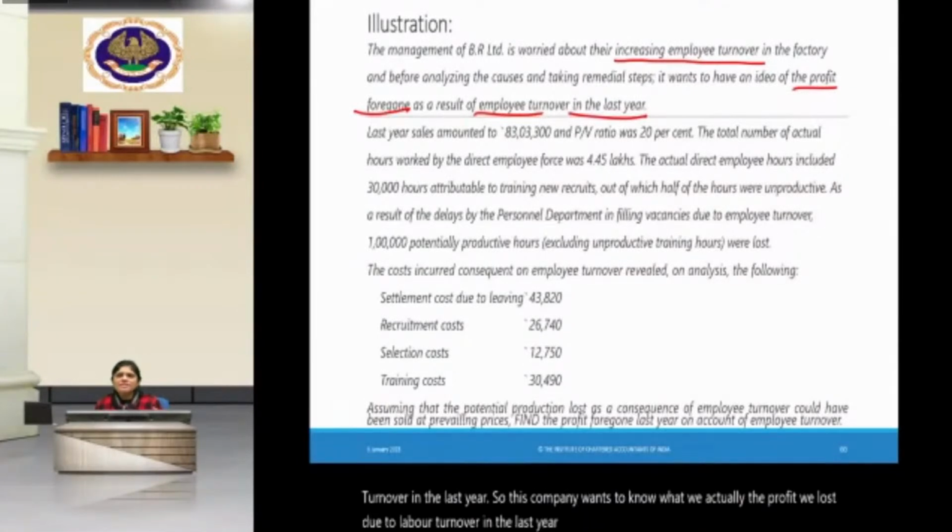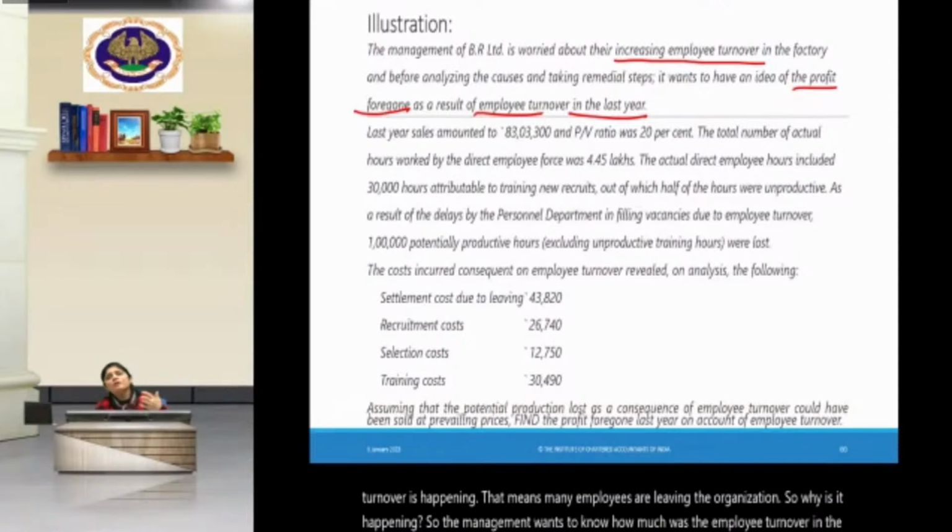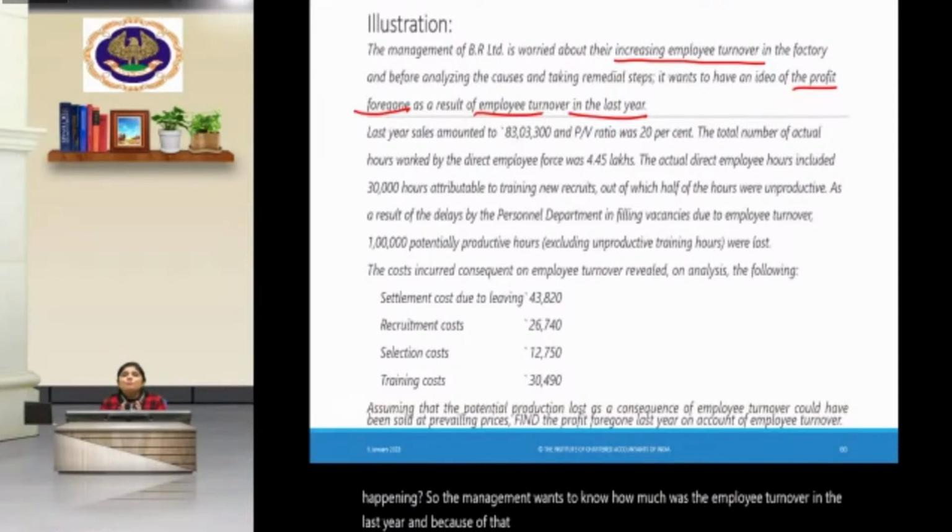Many employees are leaving the organization, so why is it happening? The management wants to know how much was the employee turnover in the last year, and because of that, how much profit we have lost. You can say contribution, as a surplus or profit.